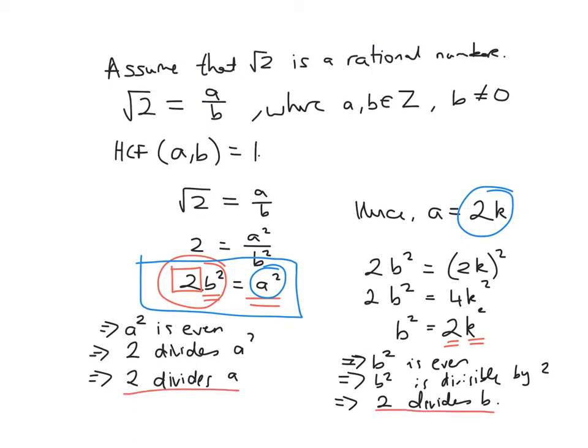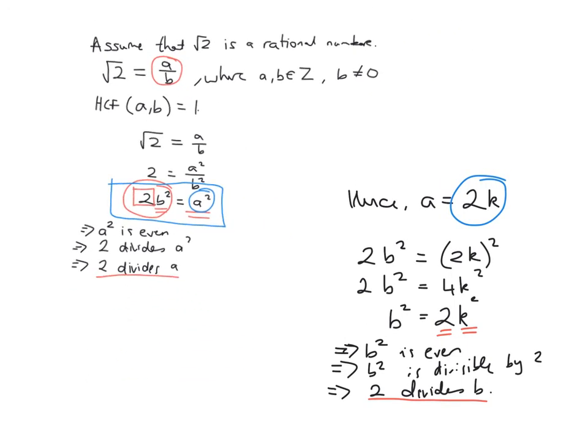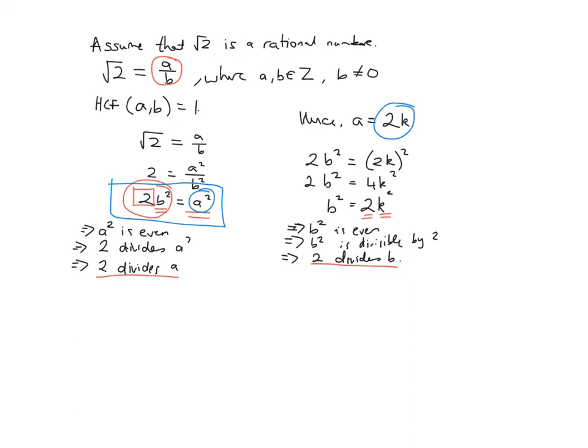But remember a few minutes ago we said that if we put a and b on top of each other and we looked at them as a fraction, we should only have the number 1 between them, i.e. there's no other common factor. But we've just shown that 2 will divide into both of them, which is obviously a problem.